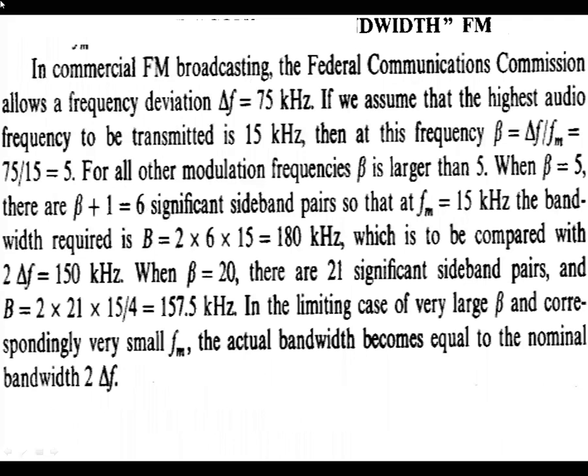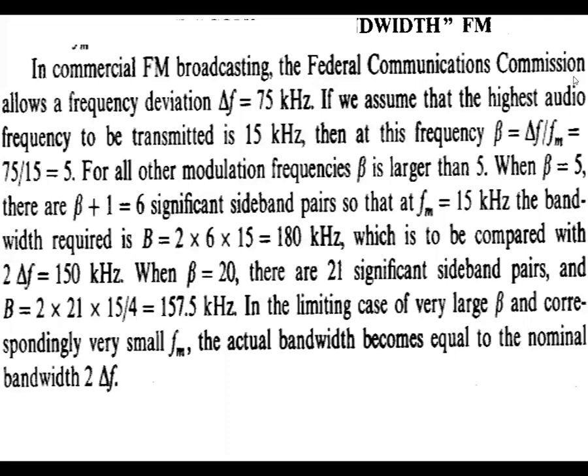In commercial FM broadcasting, the FCC, Federal Communications Commission, allows a frequency deviation delta f of 75 kHz. The delta f of 75 kHz is specified by the FCC; deviation is allowable up to 75 kHz.